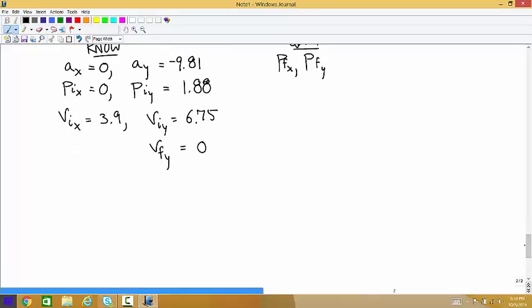Okay, so is there an equation that'll let us solve for one of these? Yeah, we could use this one. 2AY times PFY minus PIY is equal to VFY squared minus VIY squared. Okay, we could use that one. That'll work fine.